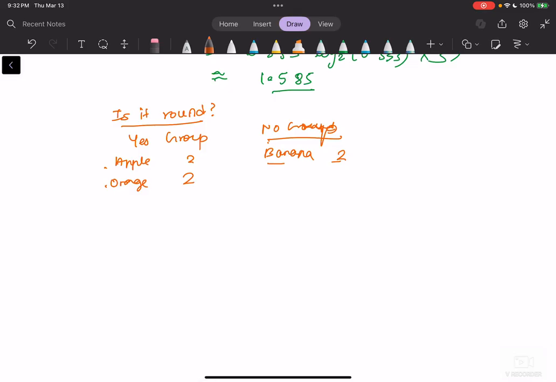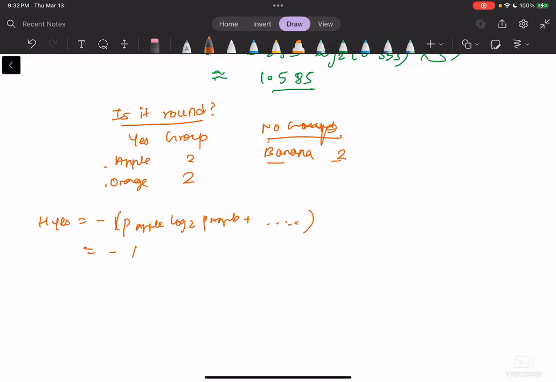So our H, however you say it, depending on what part of the world you're in. For the yes group that would just be P apple log 2 P apple, and then P orange log 2 P orange, right? That means 2 by 4 log 2 2 by 4 plus 2 by 4 log 2 2 by 4.